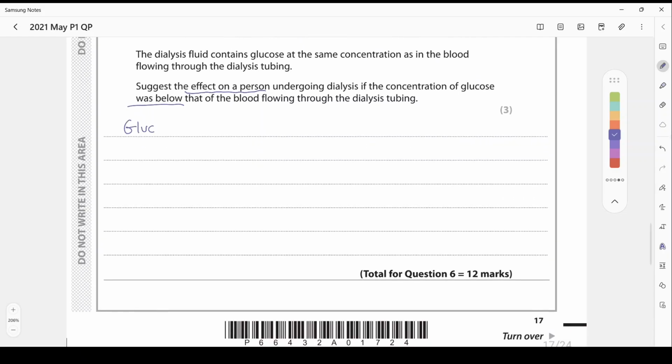So we can say glucose would diffuse out of the blood and into the dialysis fluid.